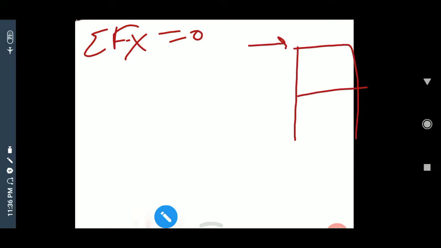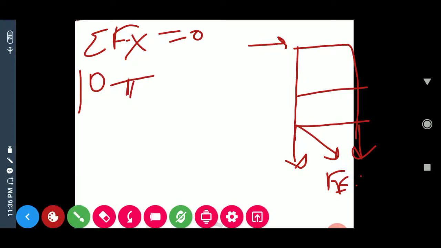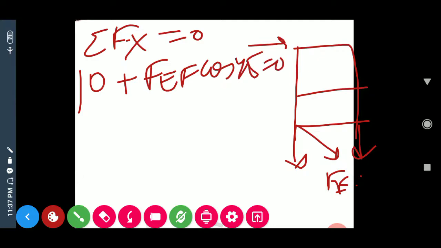The equation was summation Fx equal to 0, and the x component was 10 kilonewton plus FEF cos 45 equal to 0.